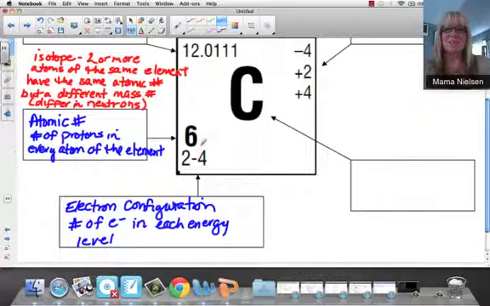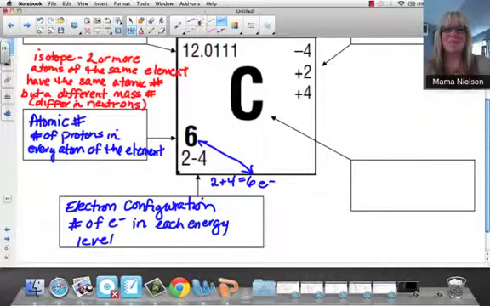And what's interesting is if you add these up, in this example 2 plus 4 equals 6, notice how this equals the atomic number.